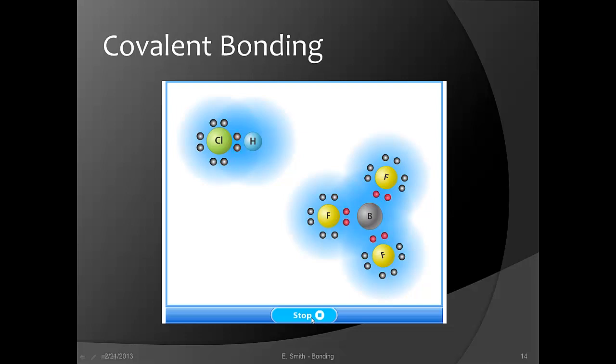Boron has only 3 valence electrons, and so forms compounds to share 6 electrons, filling its s and 2p orbitals. So you can see that there's exceptions to the rule, and they're just showing the idea of these 8 valence electrons. The key number to remember is 8 valence electrons.